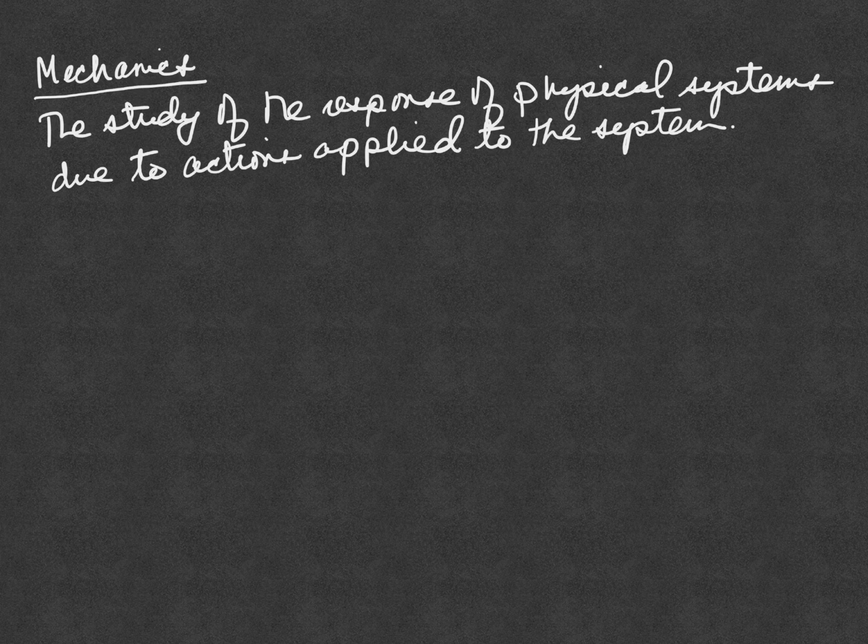Now, mechanics itself doesn't have anything to do with motion. The system could be moving, but it may not be moving. It's more generally, how does a physical system respond when an action is applied to the system?